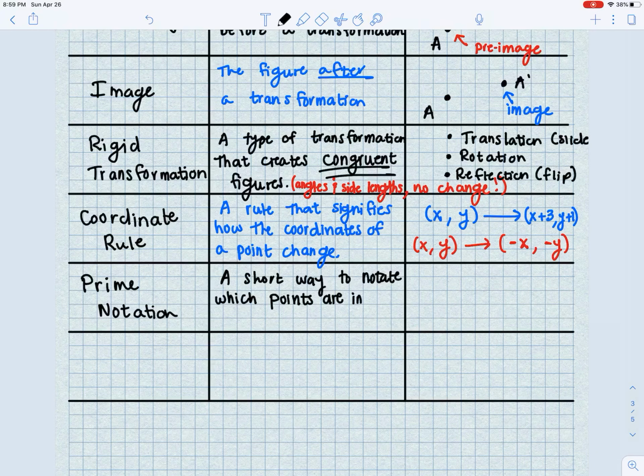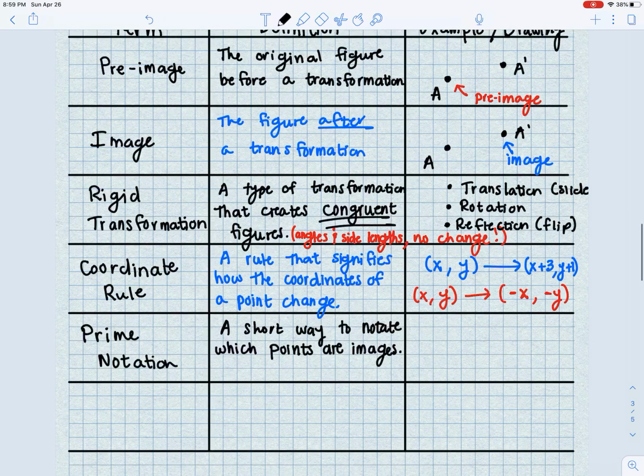So which points have been transformed, okay? So if you notice back on my preimage and image examples, I had A and A prime. A being the preimage and A prime being the image.